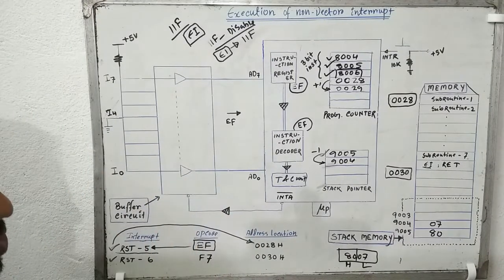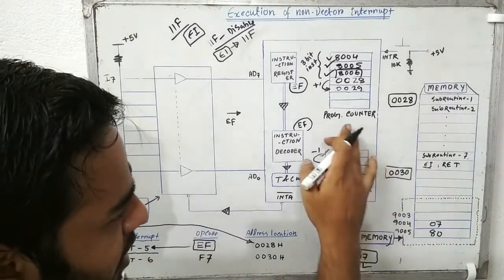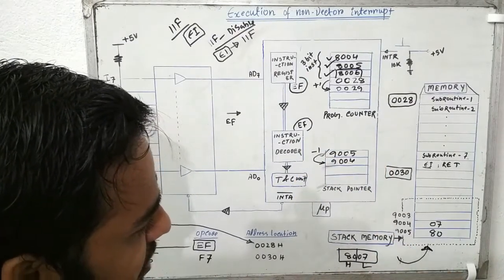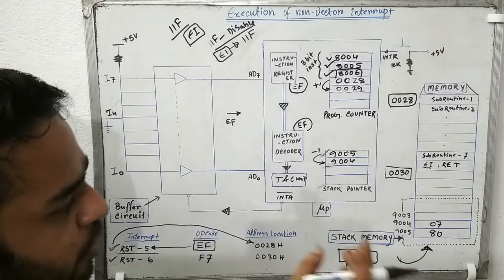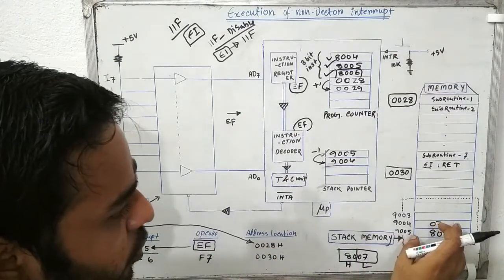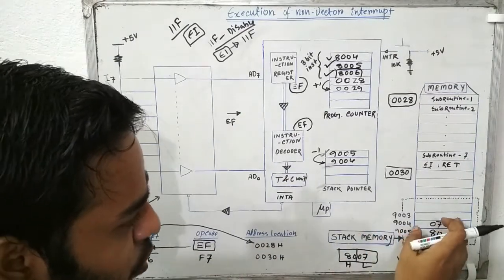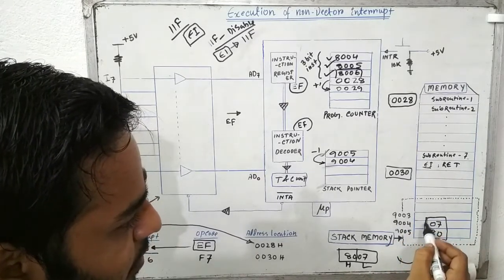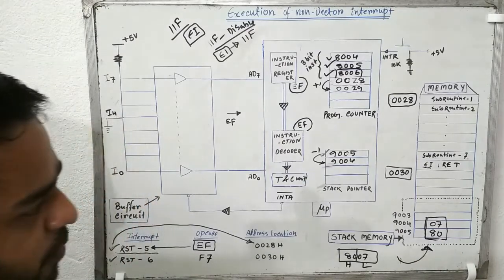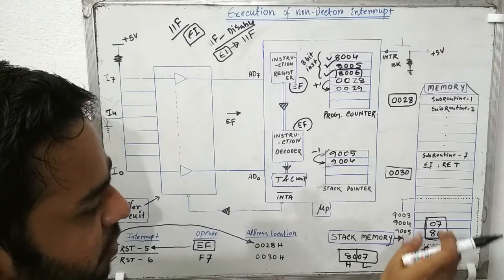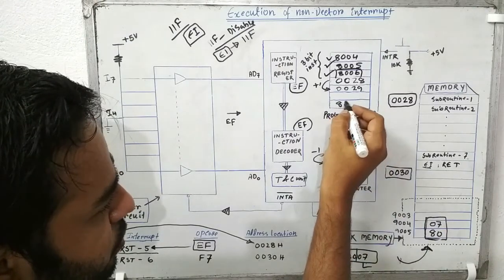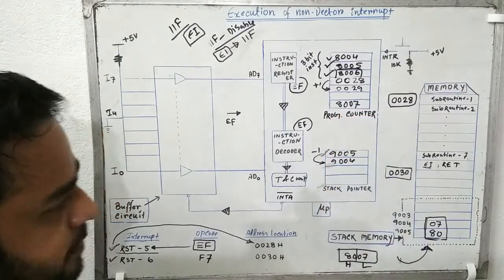When the microprocessor comes back to the main program, it will go straight here and retrieve the value of the main program address, which was stored here as a bookmark during the execution of the program. Then it will read the value from here and store that value into the program counter.